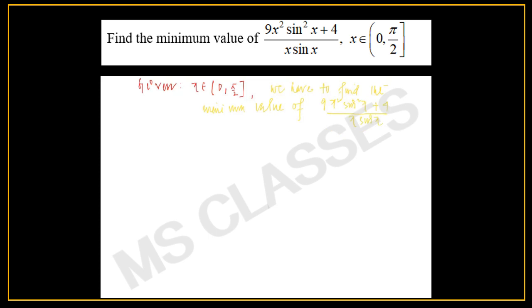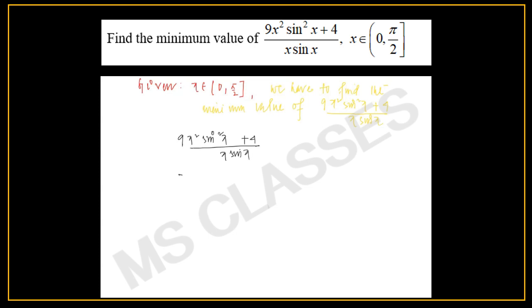Now here it is given x is greater than 0 and the angle is lying from 0 to pi by 2. First of all, the given expression for which we have to find the minimum value, we will simplify this.